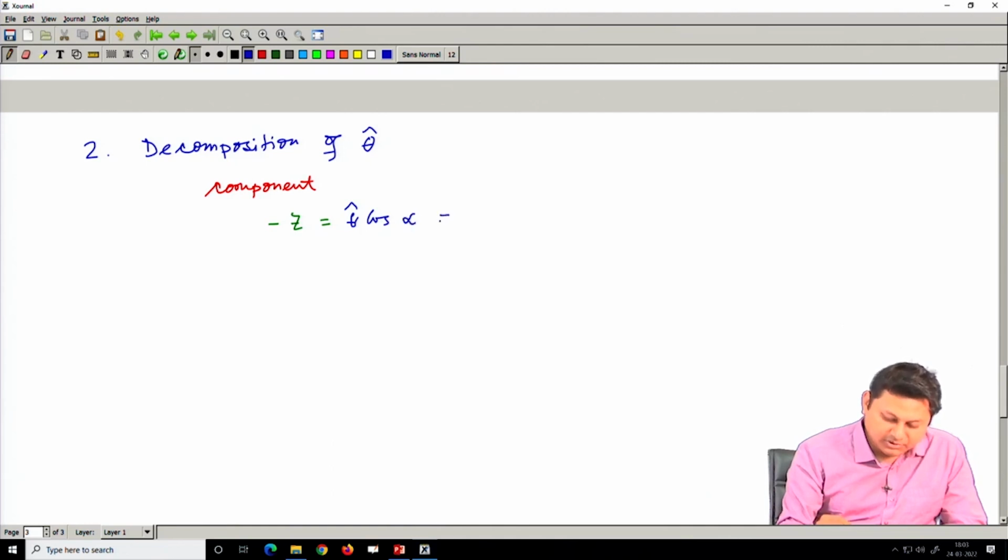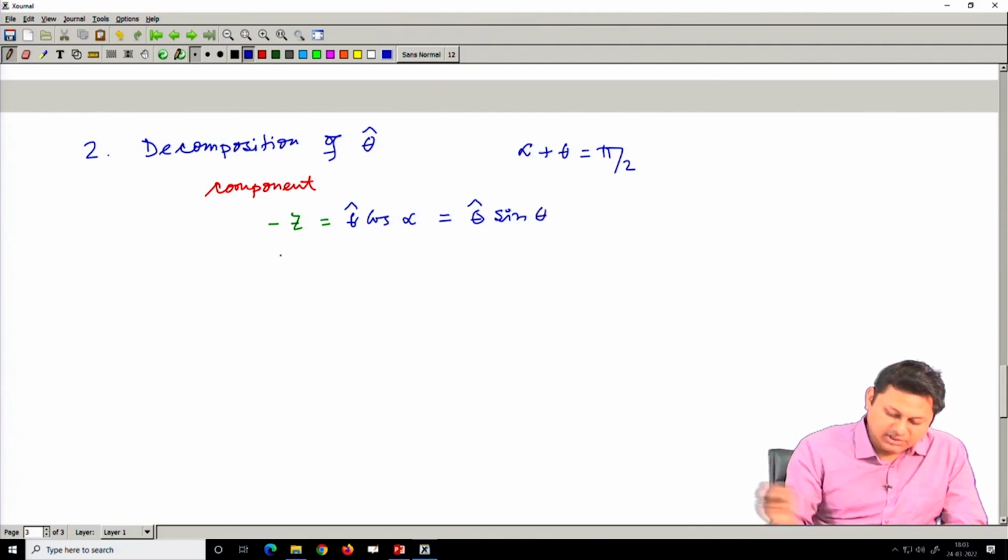Now, we have the relationship between alpha and theta: alpha plus theta was pi by 2. We are going to exploit this expression, and that leads to the theta unit vector times sin theta, that is my z component.